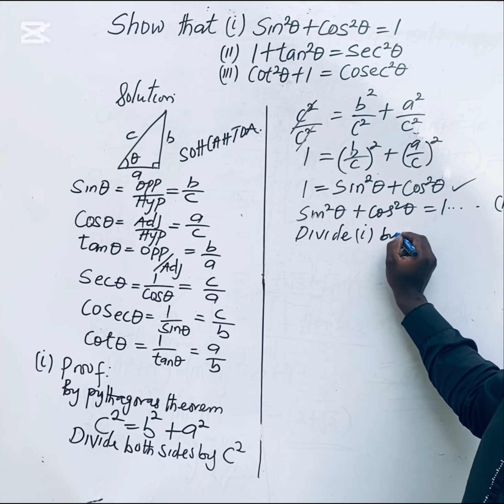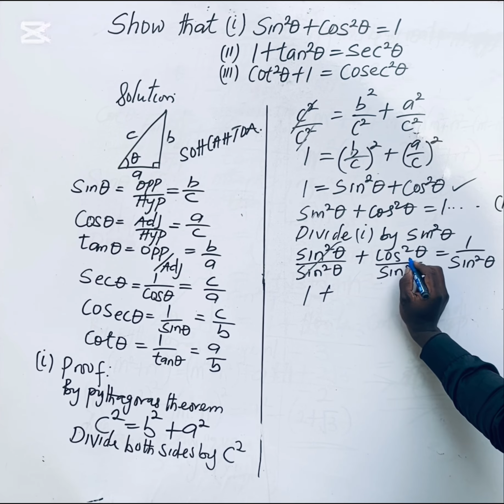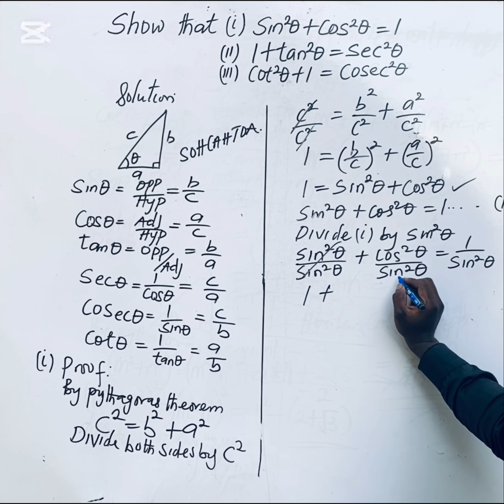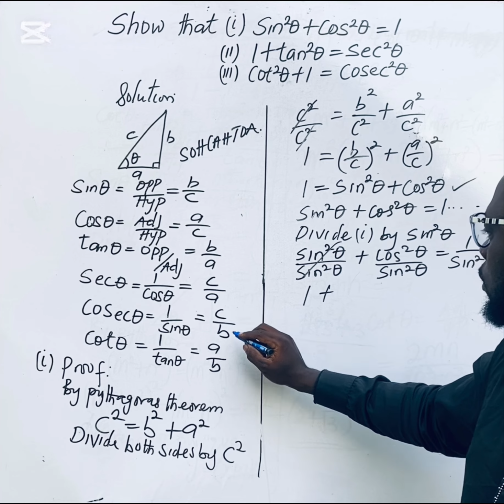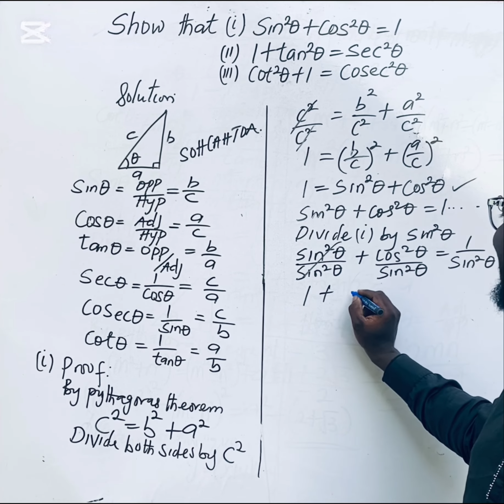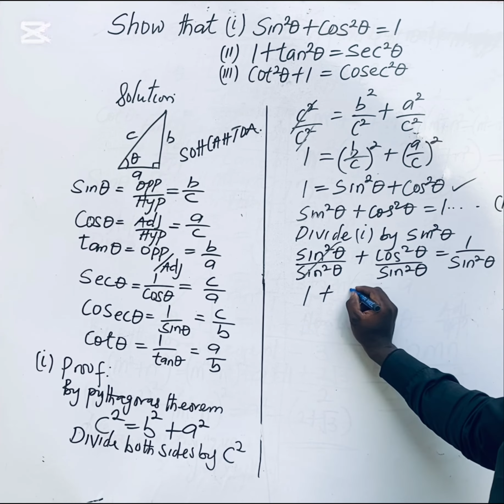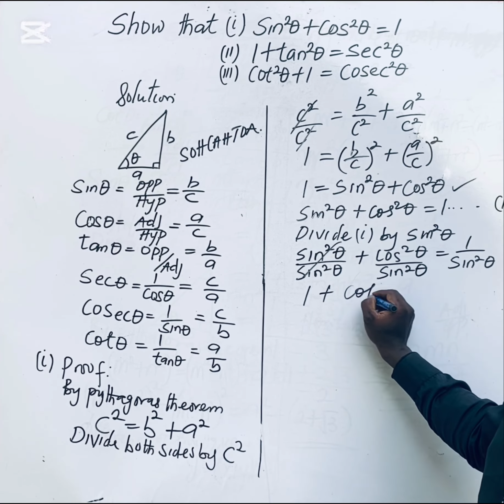So this one goes off, you have 1 plus cos square theta divided by sine square theta will give us what? It gives us cotan. This will give you cot square theta.